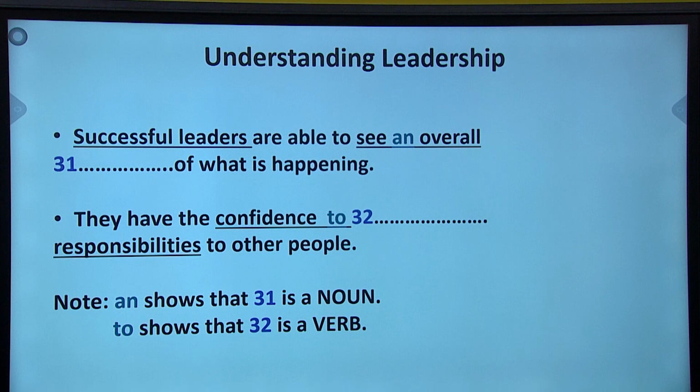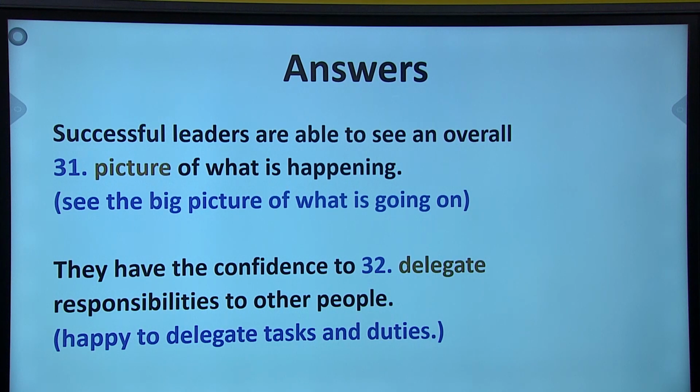Okay, so that is your listening text or your audio, and let's see if you got the correct answer. So, successful leaders are able to see an overall picture. Number 31 should be picture, because the audio said they see the big picture. Same thing as saying they are able to see an overall picture. It's the same meaning, okay?